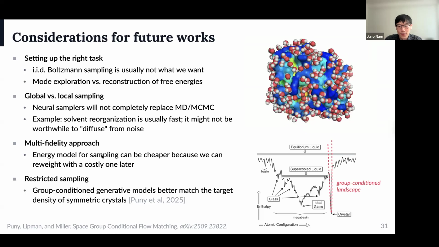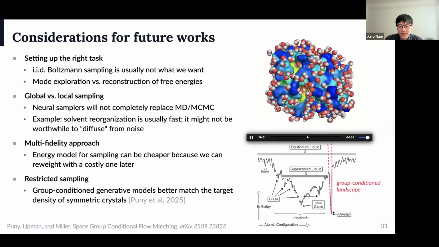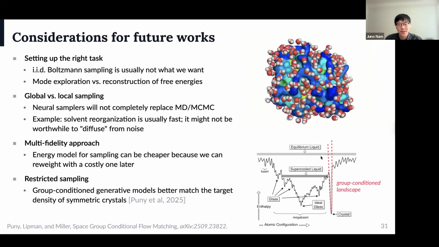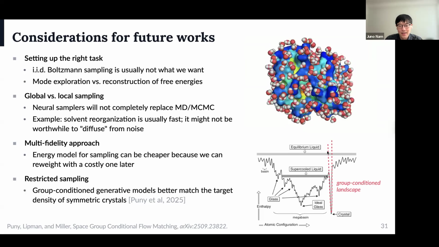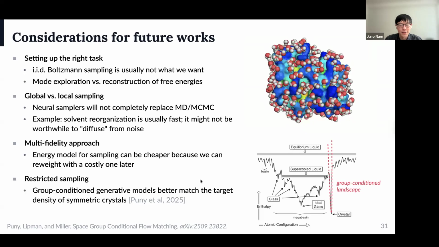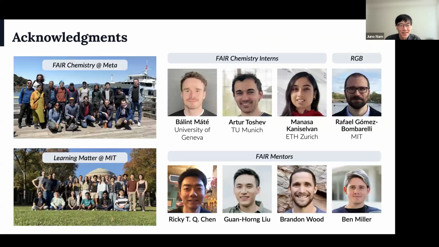And for solid systems, if we really want crystalline minima, then we can also restrict the sampling by the symmetry group that the crystal has. These are the possible future works that I can imagine. So this is the end of my talk, and these are my collaborators, and thank you everyone for listening.